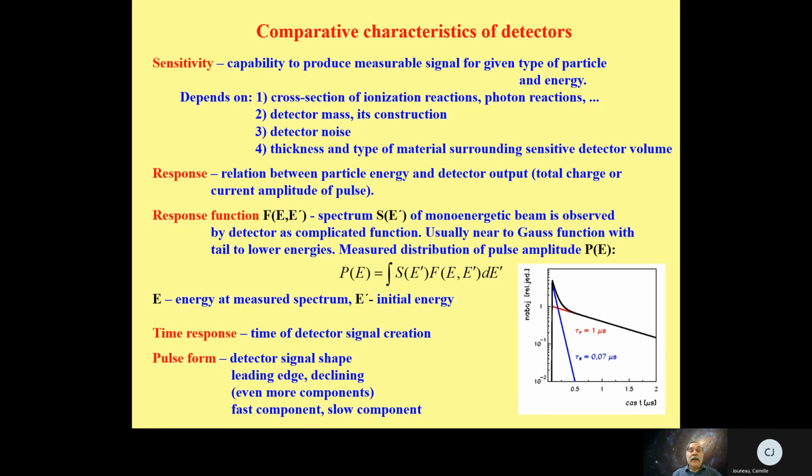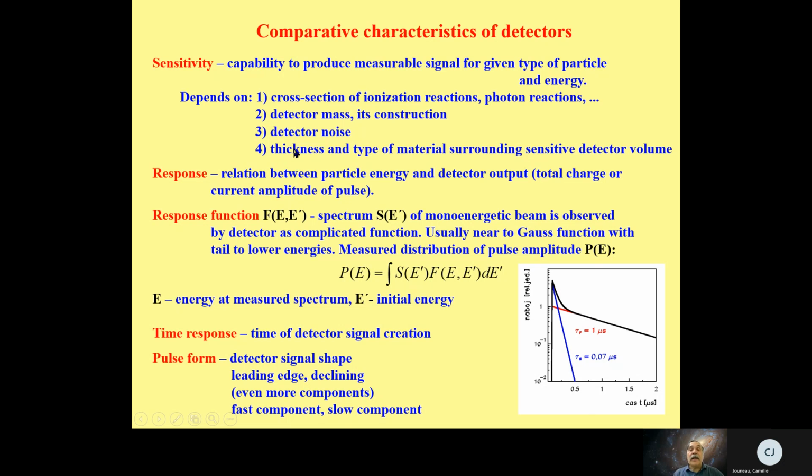On the opposite side, two other characteristics are working. Detector noise: if detector noise is large, the sensitivity will be smaller. If noise is big, we will lose particles in this noise.